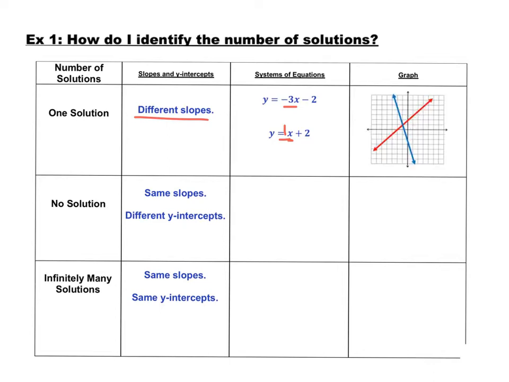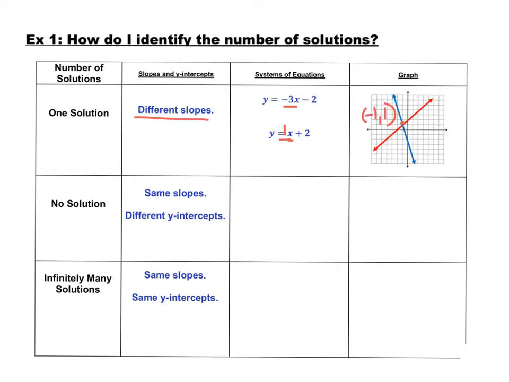We have y is equal to negative 3x minus 2 graphed, and then y is equal to 1x plus 2 graphed here. And notice where they are intersecting. They're intersecting at negative 1, 1.